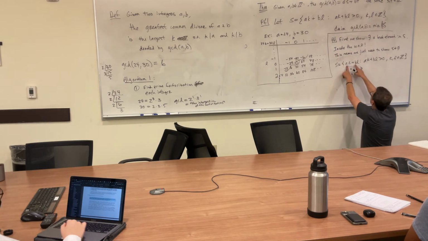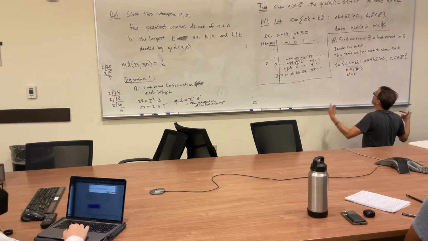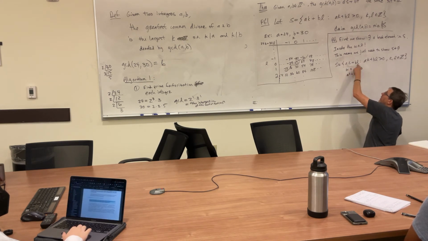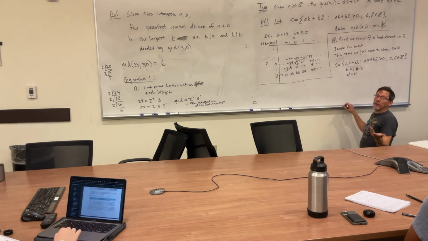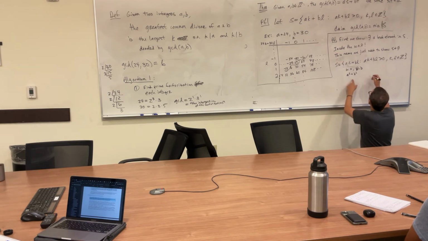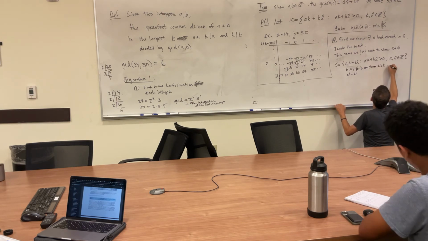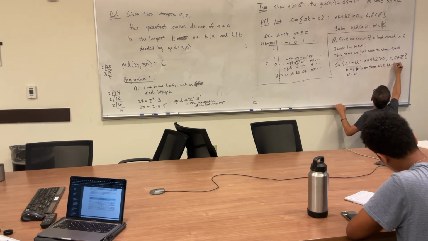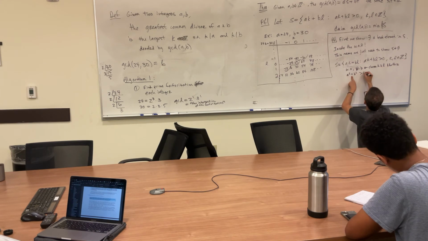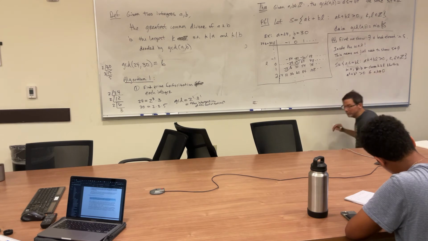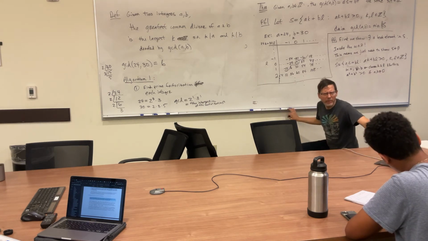If I've got A and B and they're not both 0, all I have to do is take the square of each one and pick the right K and L. So choose K and L like this, and then this is greater than 0 if A and B are not both 0. Does that seem reasonable?